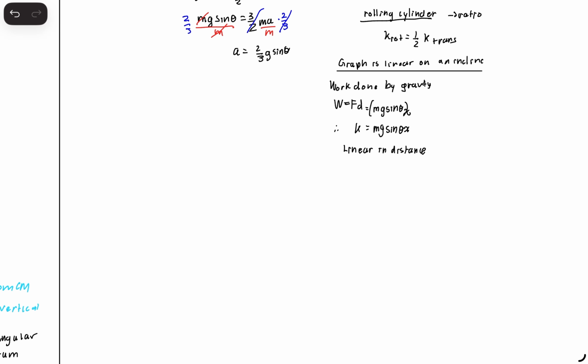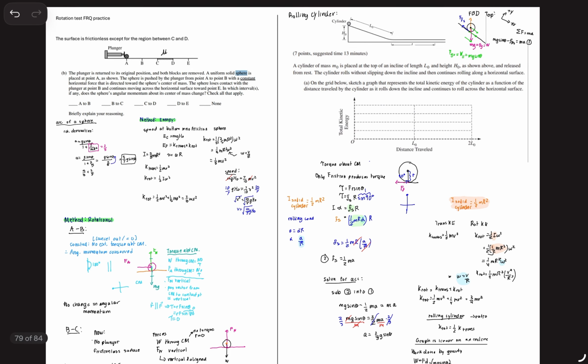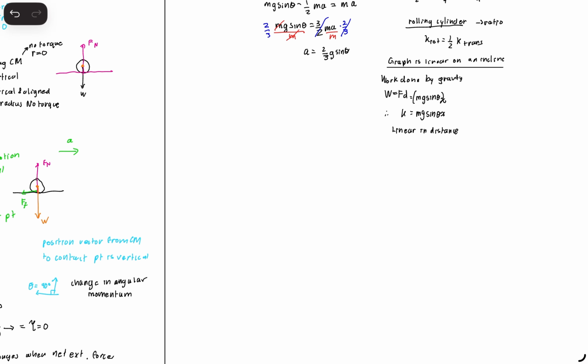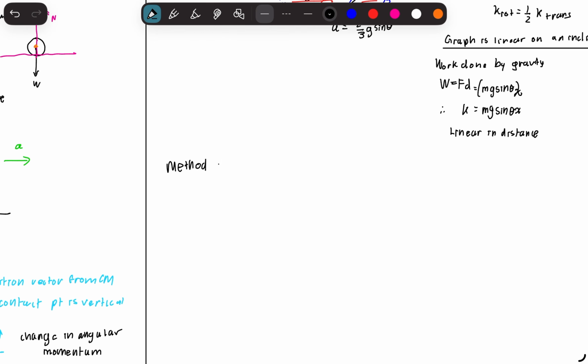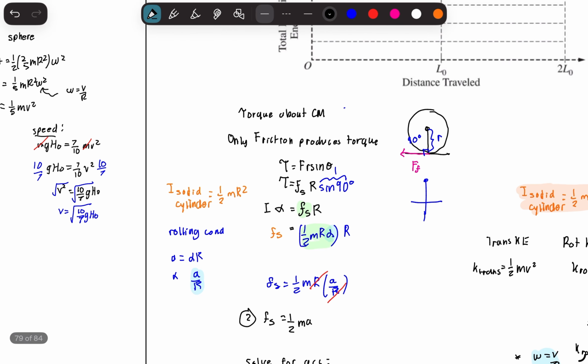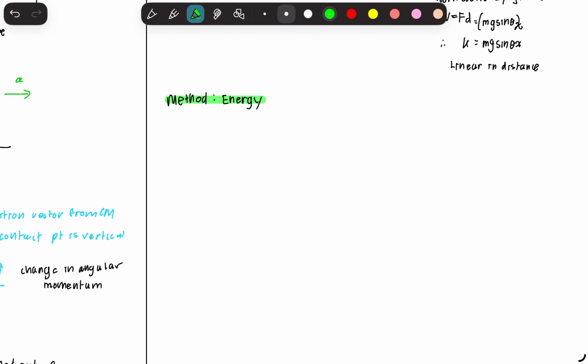Now for a second FRQ by using an energy approach. So this is a method of using rotation for energy.